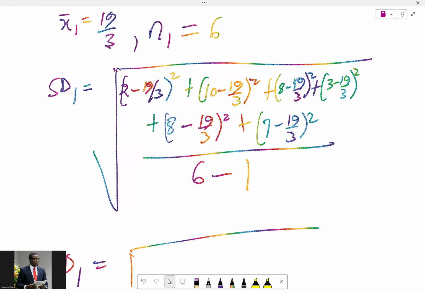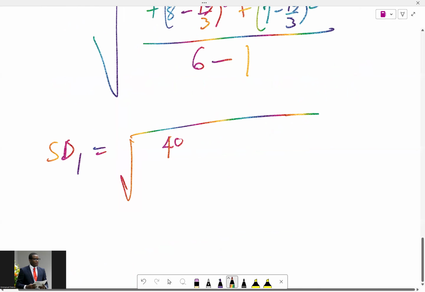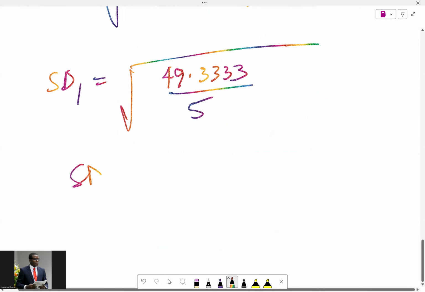So finally, what do we get? Okay, we get something in decimal, which is 49.3333 divided by 5. So that SD1 is equal to square root of that.